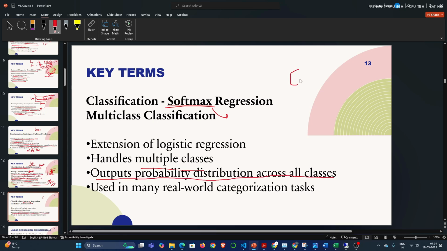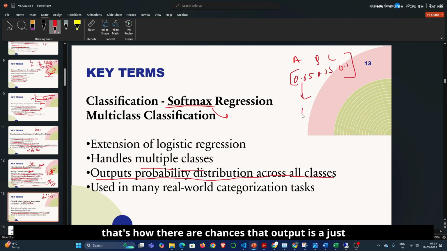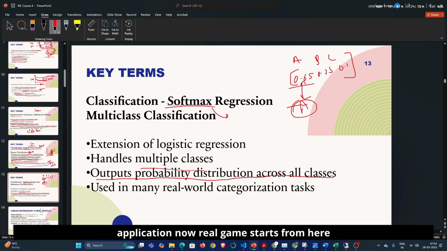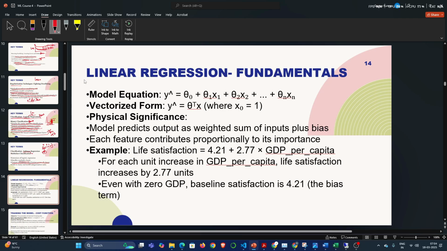Let's say classes A, B, C with probabilities 0.6, 0.25, and 0.1. So the output will be A, just because it has the higher probability among all three. It is used in many real world applications. Now, the real game starts from here.